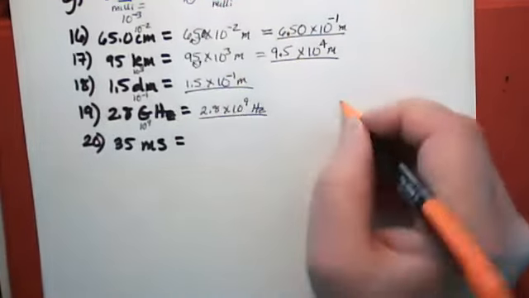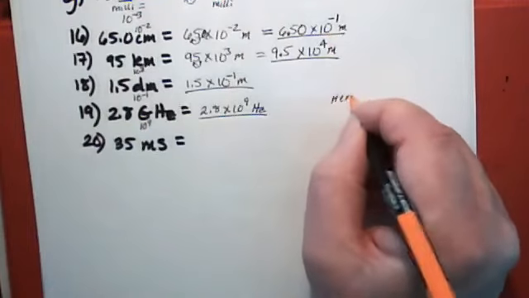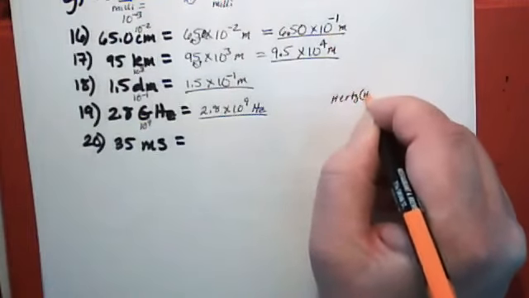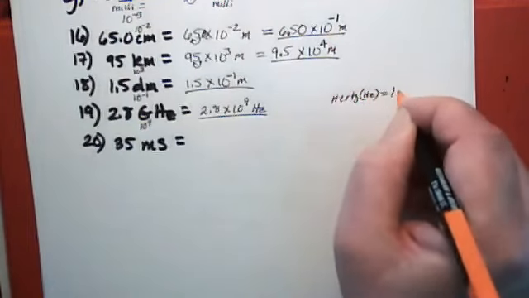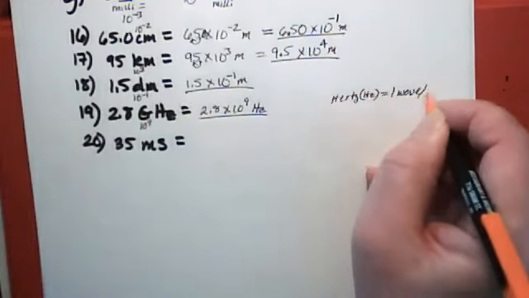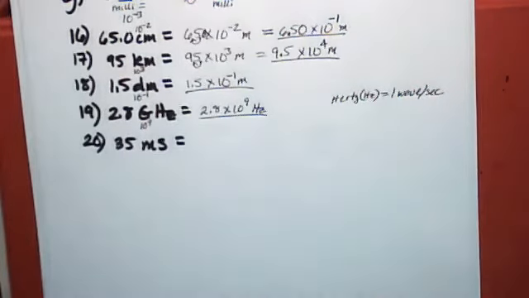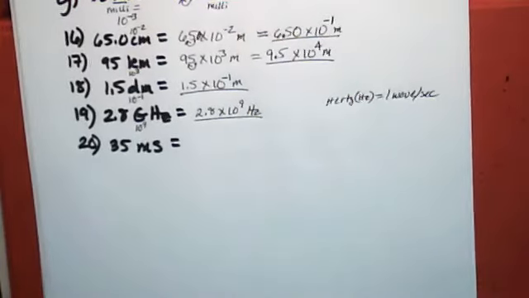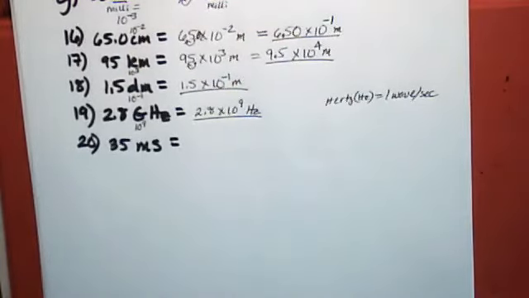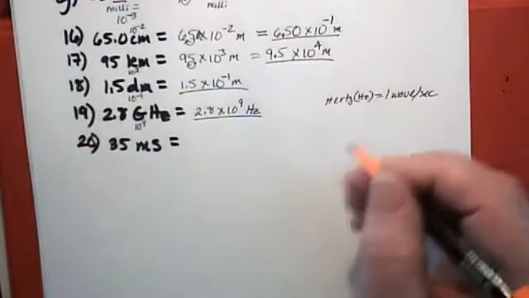As an aside, what hertz means is a way of measuring the frequency of electromagnetic radiation. And electromagnetic radiation is just basically energy that travels in the form of waves.